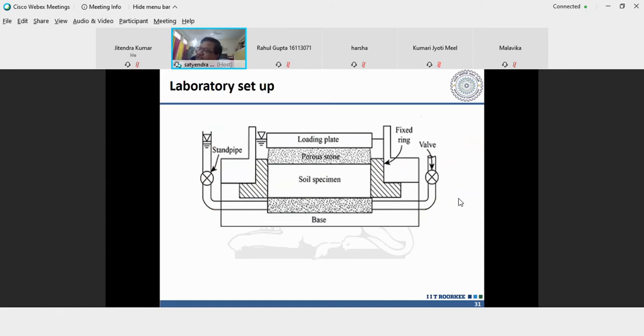Before the test, let me explain some important parameters. The first is the void ratio. Void ratio is expressed as (H minus Hs) upon Hs. Here, H is equal to the height of the soil specimen at the end of each pressure increment.